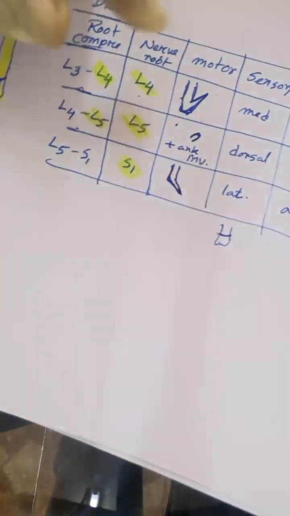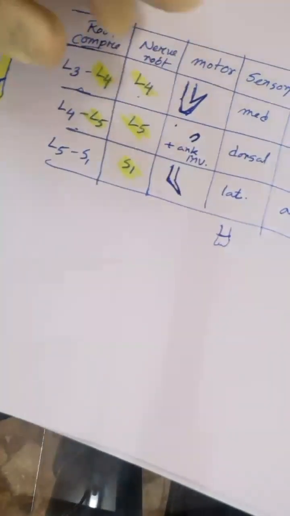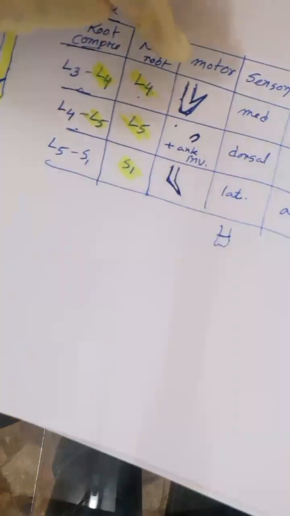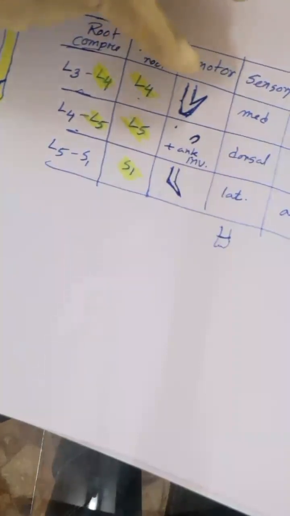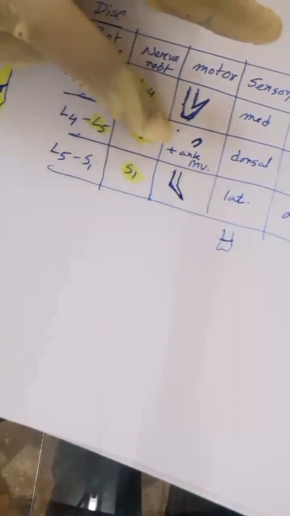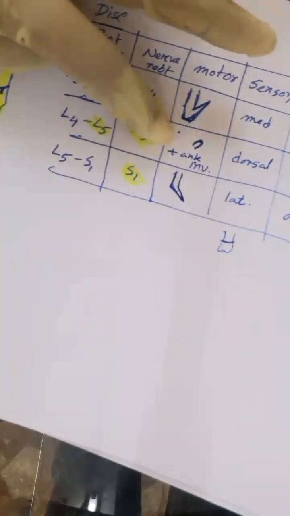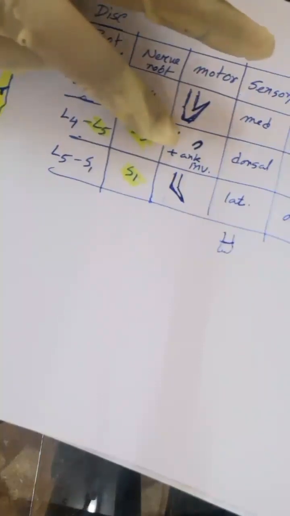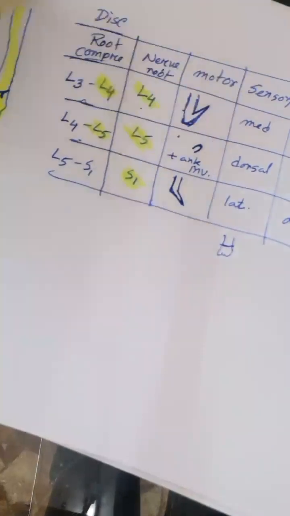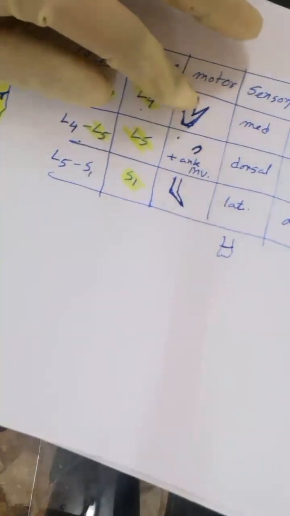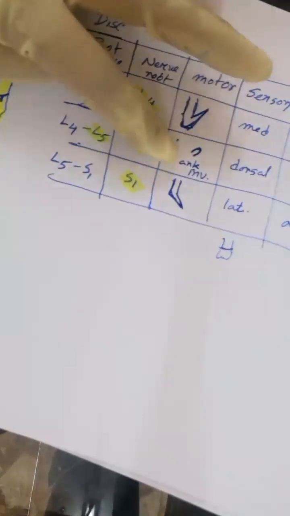So when you are memorizing this, try to move your feet. L4, move your foot up. This is dorsiflexion. L5, move your great toe up. This is dorsiflexion of the great toe, and invert your ankle. This is L5. Okay. And put your foot down. This is S1. So put your feet up, L4. Put your great toe up, L5 plus ankle inversion.